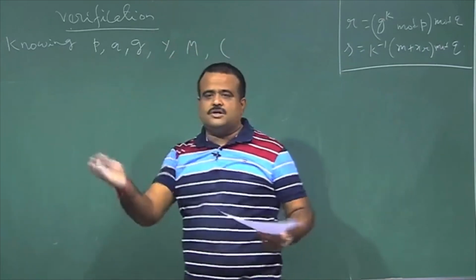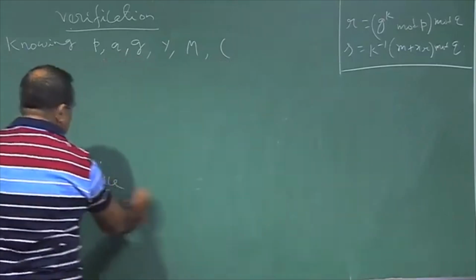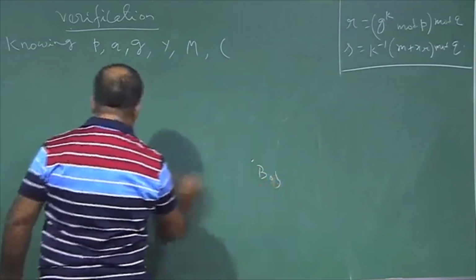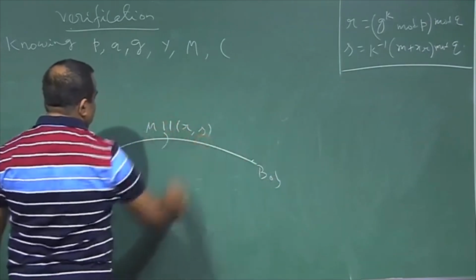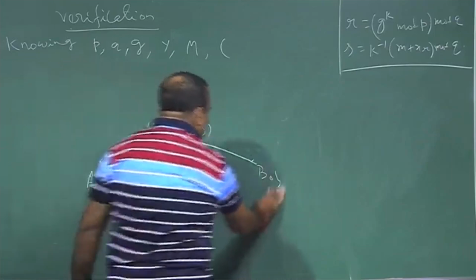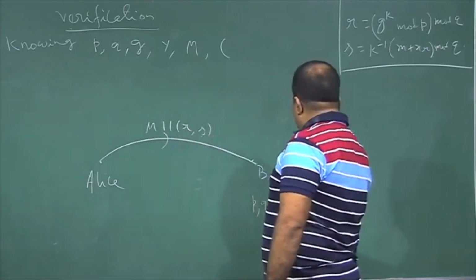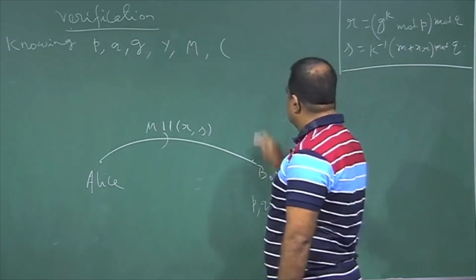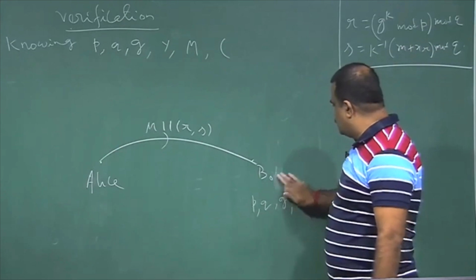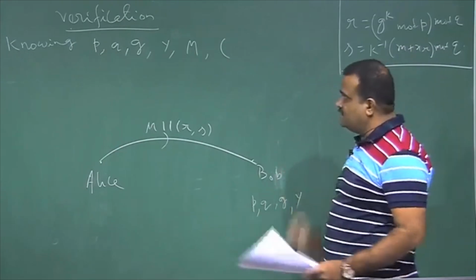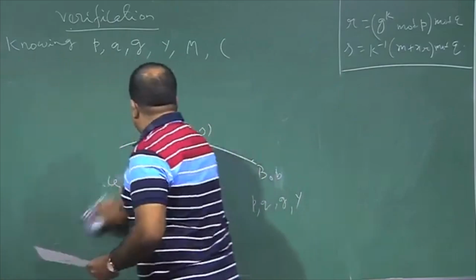So, the message also has to be sent. So, Alice is the signer, sending M along with R and S, and Bob already has the public parameters like P, Q, G, Y. So, R and S are what Bob is getting now. Now Bob has to verify that this message is signed by Alice.